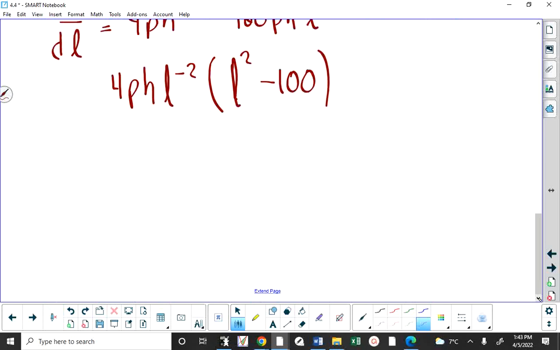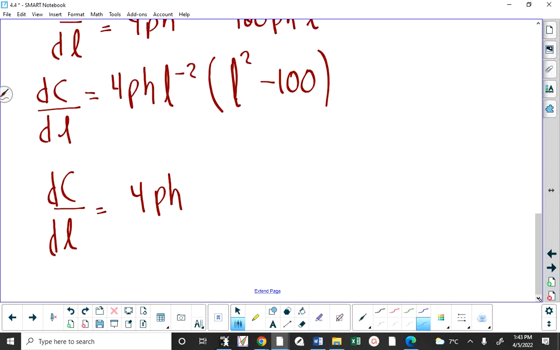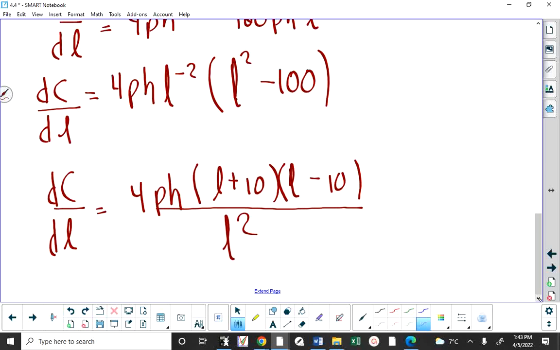Anyway, just to really put a cap on this problem, dC/dL is 4pH, which who cares, times L plus 10 times L minus 10 over L squared. You know, the P and H are still there, but they don't play a role. So L critical is still 10, negative 10, and 0.